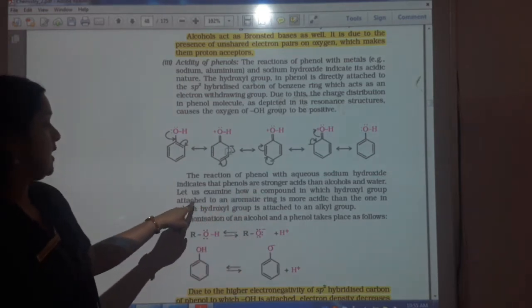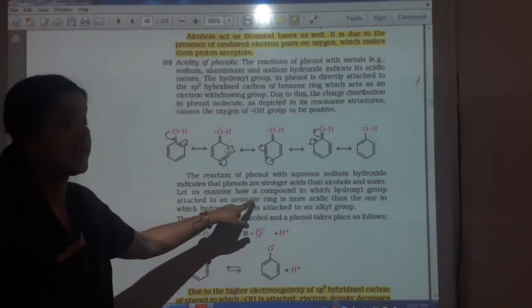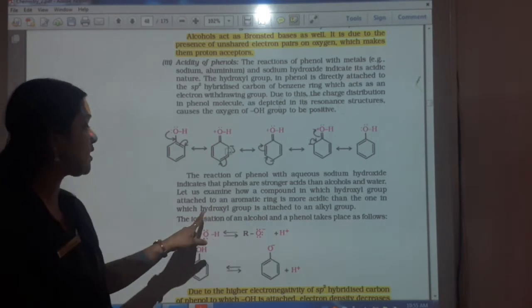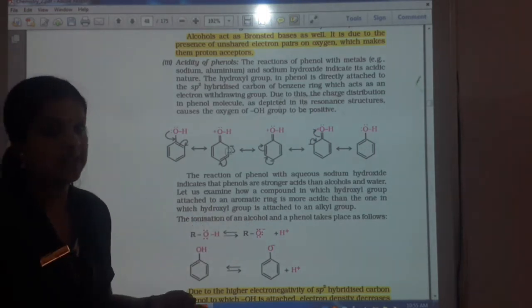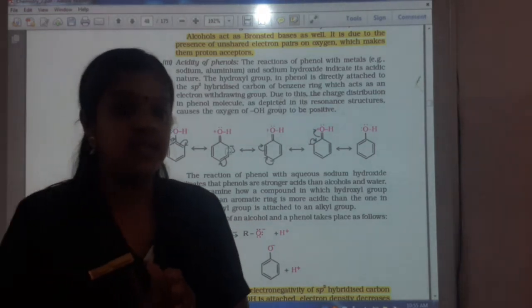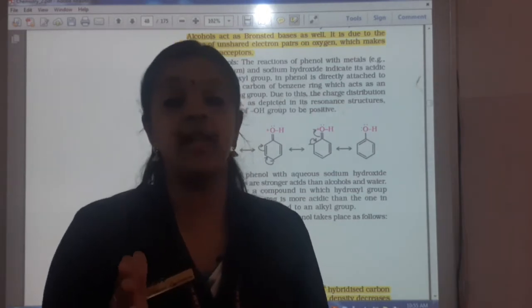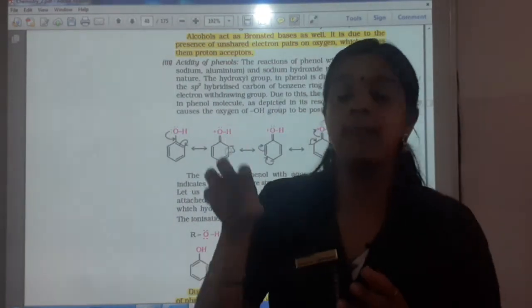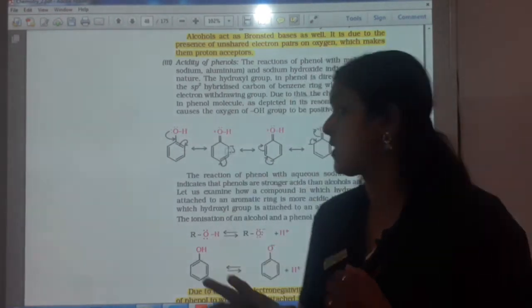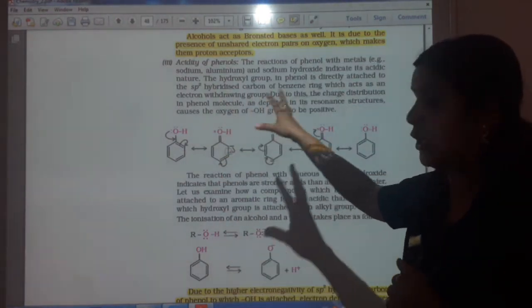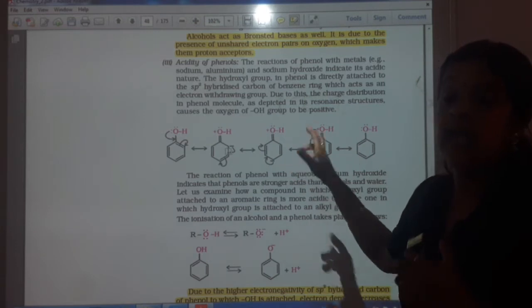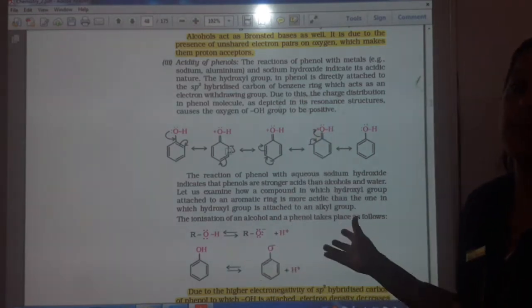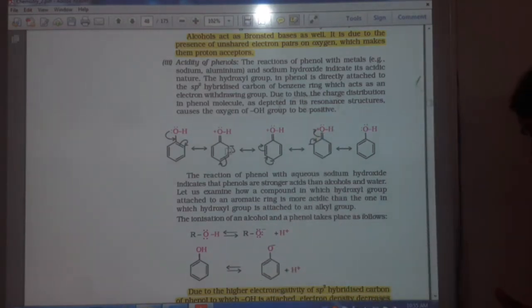The hydroxyl group attached to the aromatic ring is more acidic than the one attached to the alkyl group, for a simple reason: in the benzene ring the carbon is sp2 hybridized. So the electrons get delocalized, and being an electron withdrawing group, this becomes more stable, and that's why phenols are more acidic as compared to alcohol.